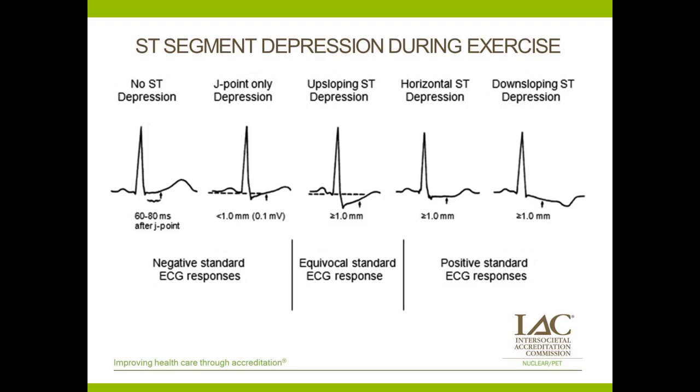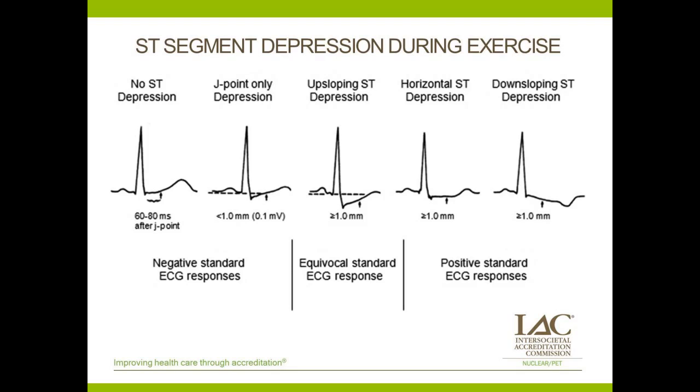Those of you who are used to looking at the 12-lead EKG that comes out of the monitor when you're performing exercise testing see large boxes and small boxes. 80 milliseconds is generally 2 small boxes on the x-axis. So we measure ST depression 80 milliseconds beyond the J point, and the second QRS complex from the left shows you what J point depression is.